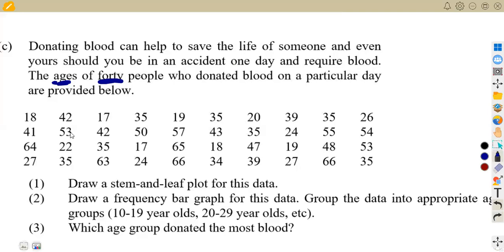So they are saying, from this information, draw a stem and leaf plot for this data. We are going to draw a stem and leaf. What is this stem and leaf plot? This is the one that we've been talking about, where one side represents the stem and the other part represents the leaf.